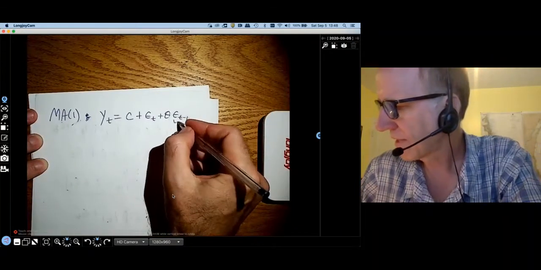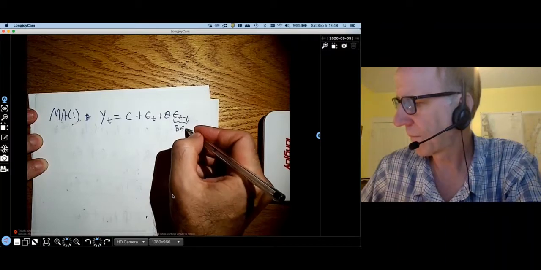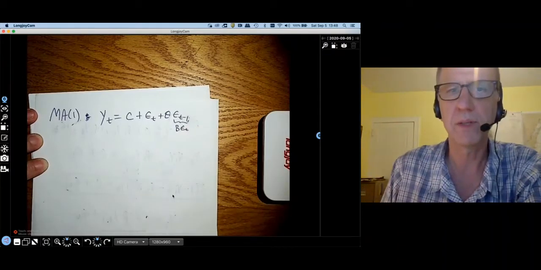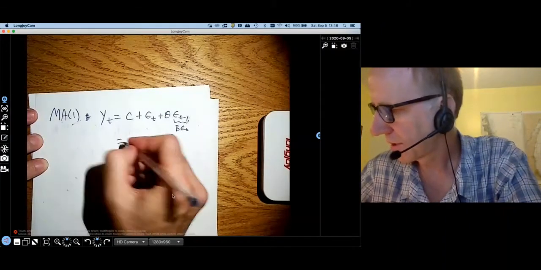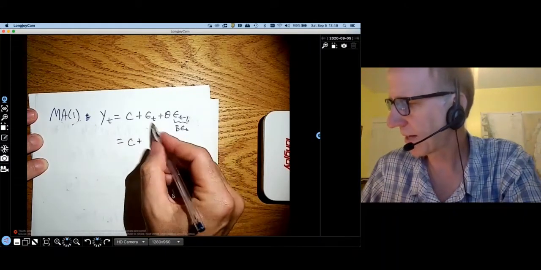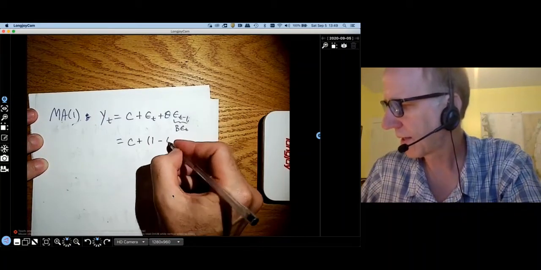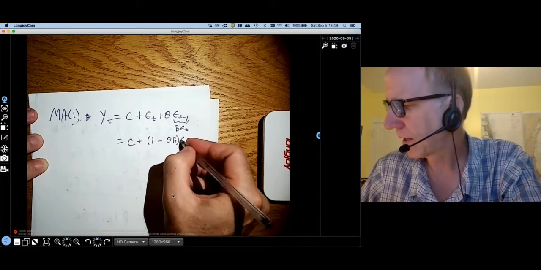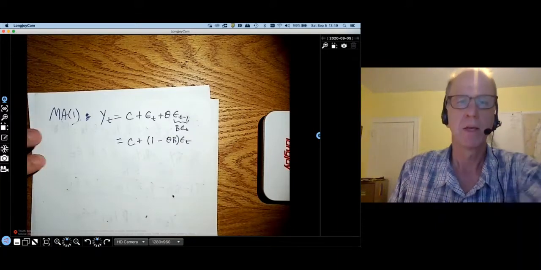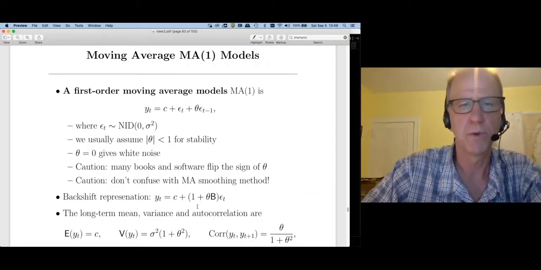We can think of this thing, though, as a backshift operator on epsilon sub t. So this is equal to c plus, well, now I can factor out the epsilon t, so (1 minus theta B) epsilon sub t. So that is our backshift notation for this.